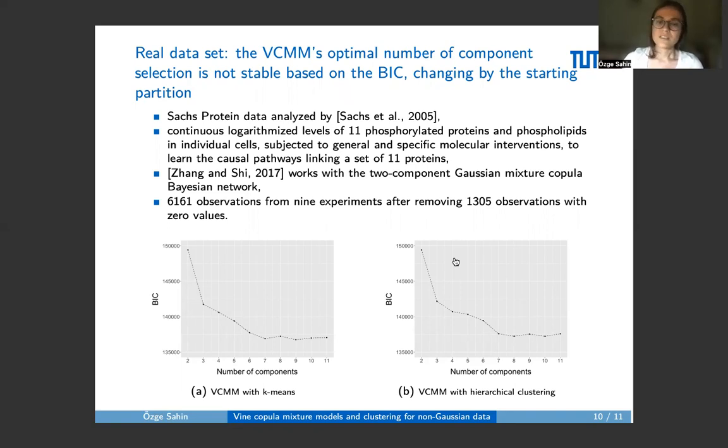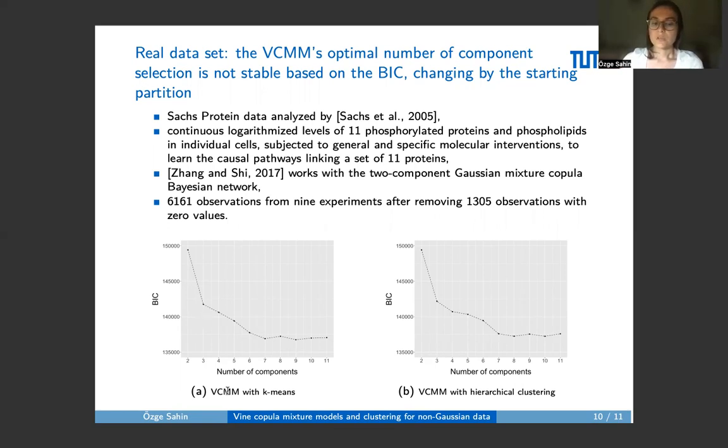This data set is a state-of-the-art data set in causal analysis with Bayesian networks. Some works fit, for instance, a two-component Gaussian mixture copula, which shows a better fit than assuming just one multivariate distribution, but it is not clear how many components, or whether there are any components, in the data.